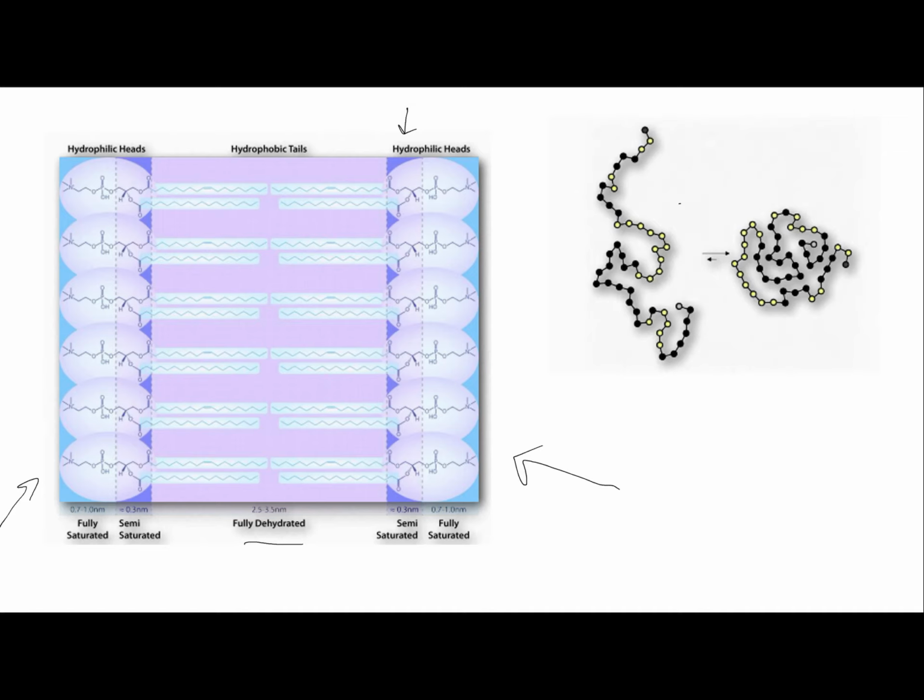And so they exclude water on the inside by interacting with each other, all the nonpolars, and the interaction of those amino acids turns out to be one of the driving forces for the folding of proteins as they're being made in aqueous solution. So here the yellow represents the polar and the black represents the nonpolar, and so you can see the sort of segregation here of this protein's different groups as it folds.